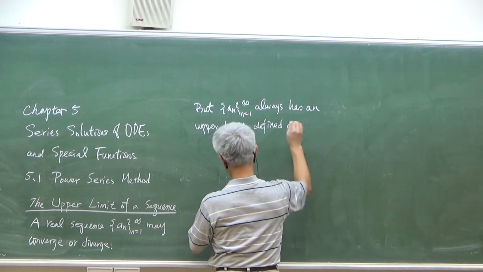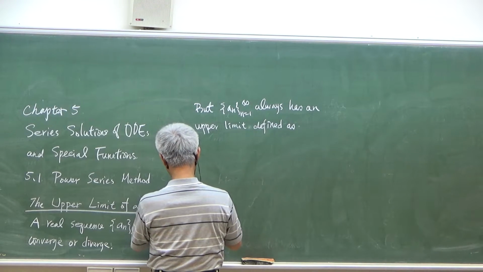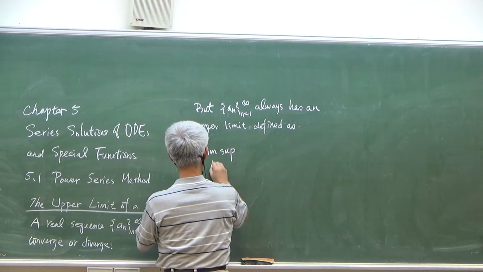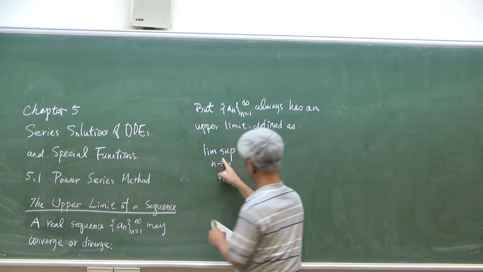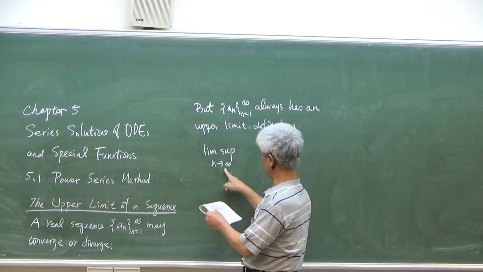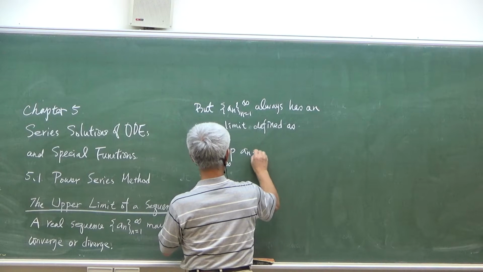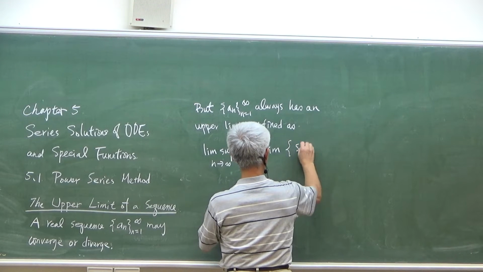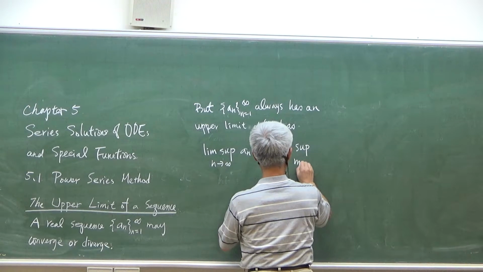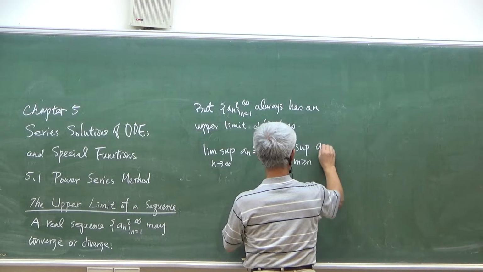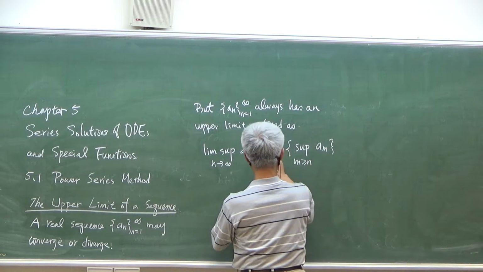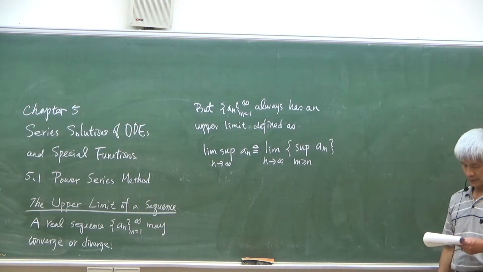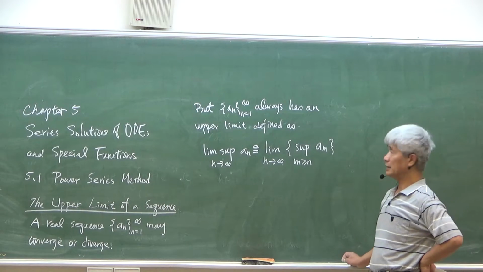And how to define that? Well, the upper limit uses the sup. So the notation is called limsup. For n goes to infinity, limsup a_n is defined to be the limit of the suprema. So what is that meaning?